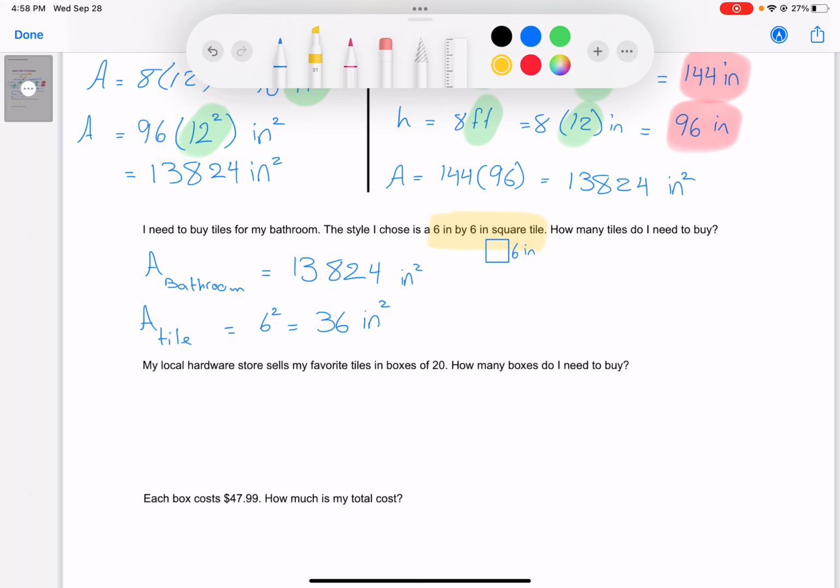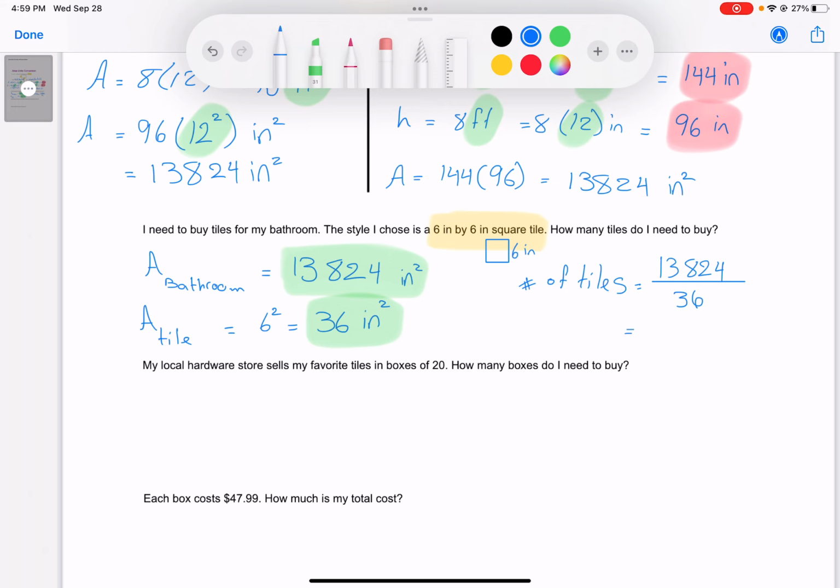Now that I have my bathroom area in square inches and my tile area in the same unit, I can find the number of tiles by dividing the area of my bathroom by the area of the tiles.